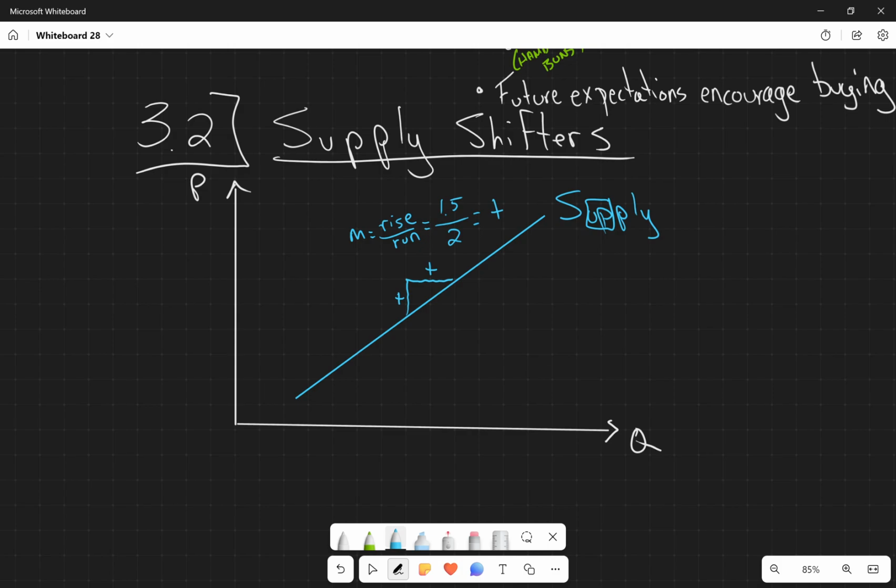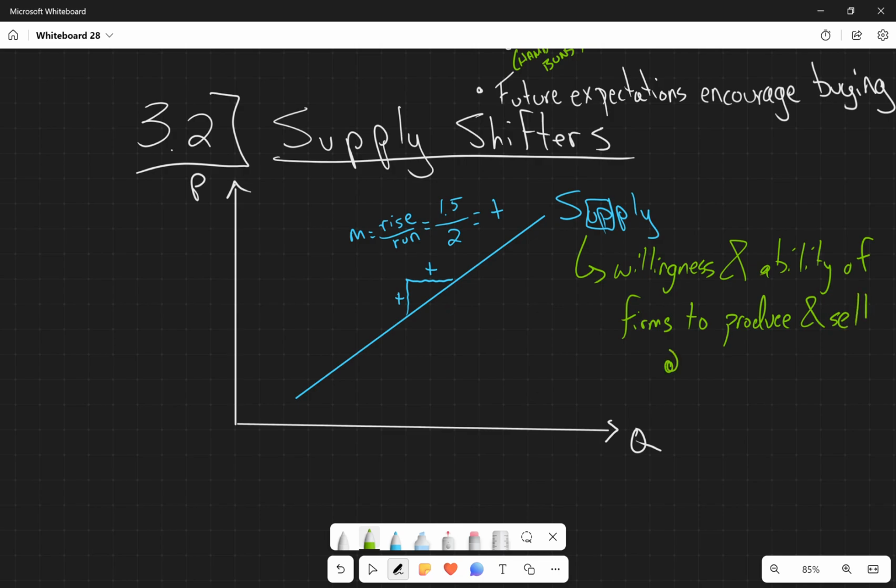So supply curves are upward sloping, and these are reflections of the willingness and ability of producers to sell. Well, really of firms to produce and sell at different prices. Right, so we talked about pizza.